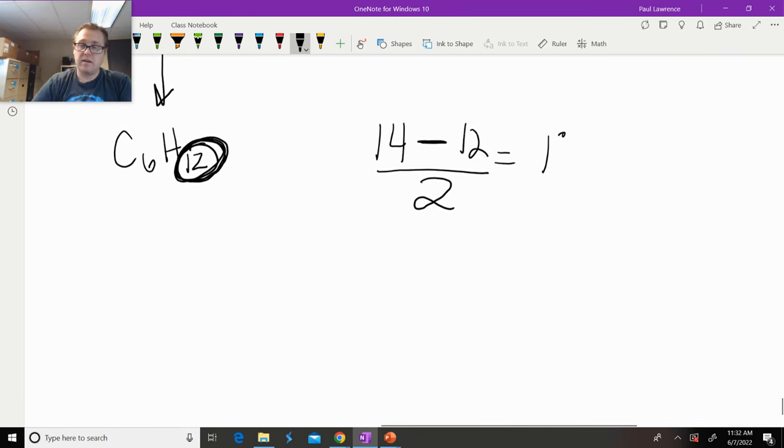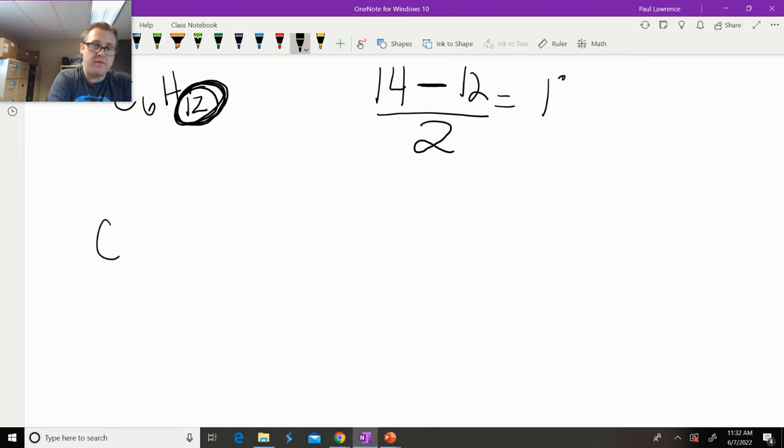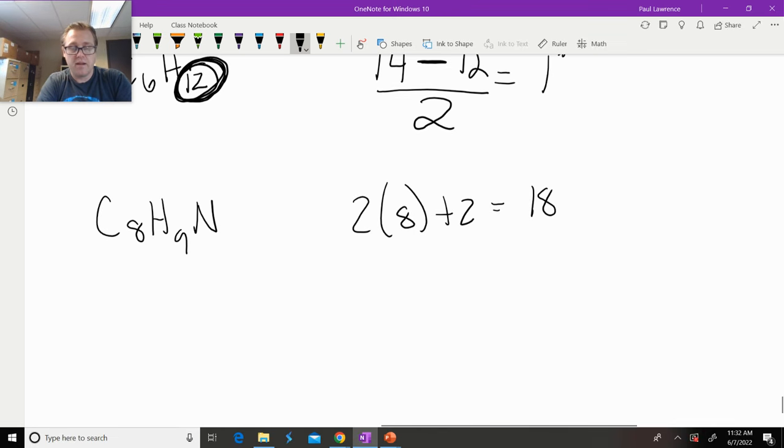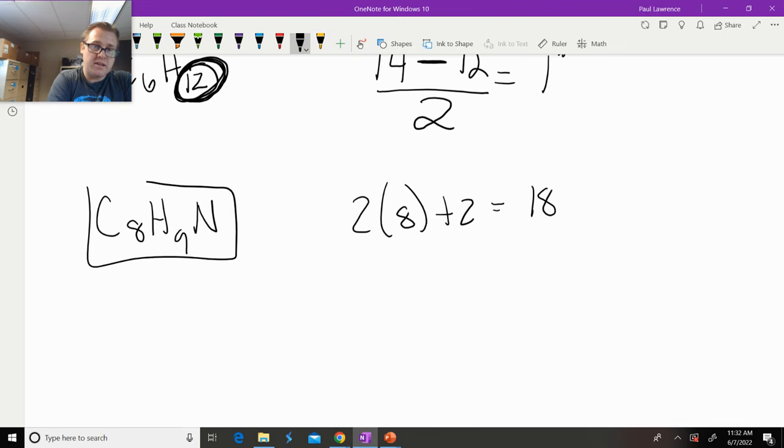Now what do you do when you have a nitrogen atom? Well, let's first calculate the maximum amount of hydrogens. That's 16 plus 2, which is 18 hydrogens max. Now we're going to adjust this formula.